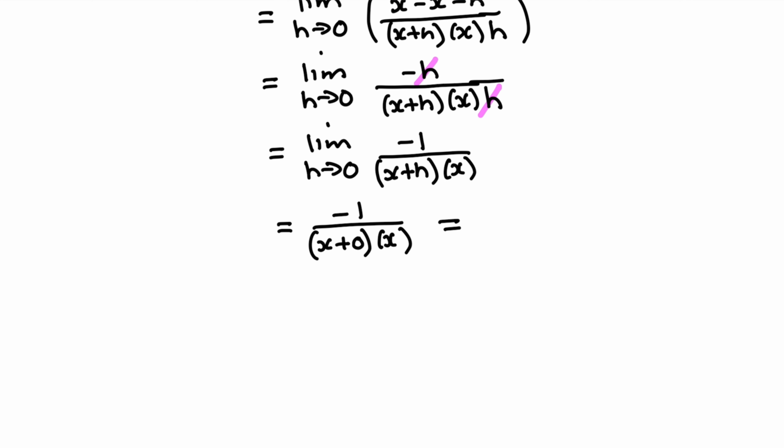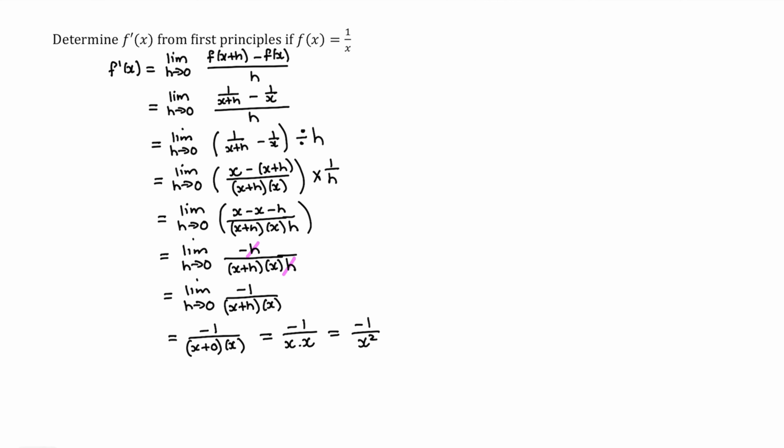So you can also write it as negative 1 over x times x. And if I simplify that further, this is negative 1 over x squared. So the derivative of 1 over x is simply negative 1 over x squared.